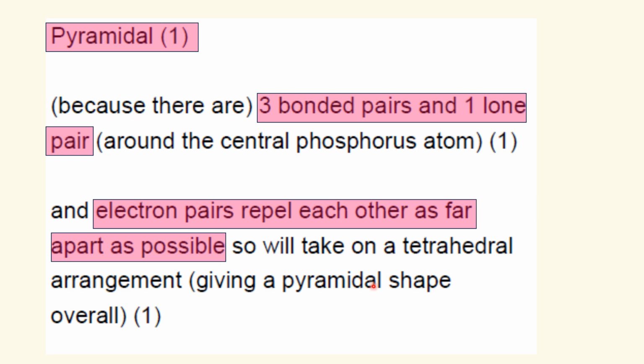I wouldn't worry massively about this idea of taking on a tetrahedral arrangement, giving a pyramidal shape overall. I was looking at lots of different mark schemes and it seems to be fairly unique to this one particular question. So I would stick with the shape, the bond pair and lone pair count, and the idea of electron pair repulsion theory.